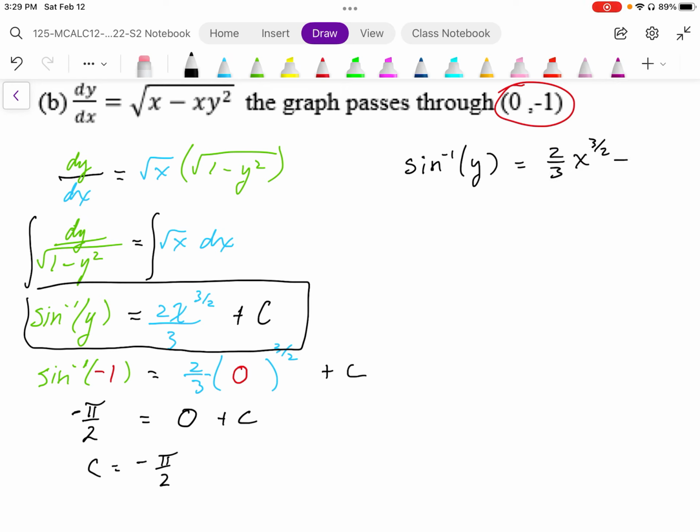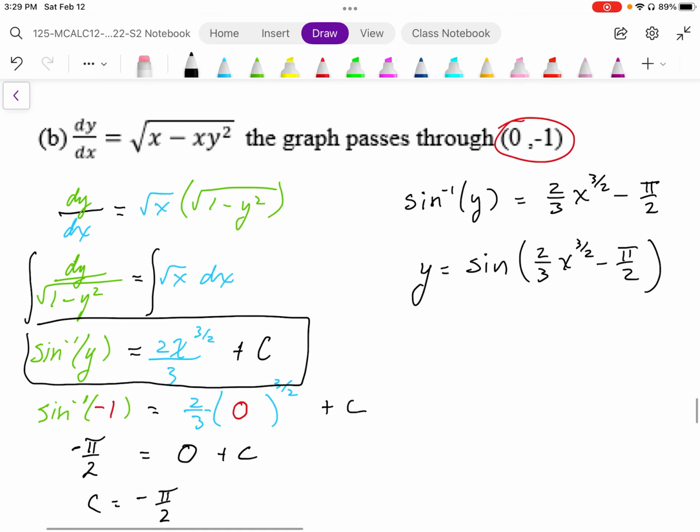And then I can solve for y. y is equal to, I undo this arc sine with sine, and it's going to be the sine of whatever this angle is in here. So there's the specific solution to that differential equation problem.